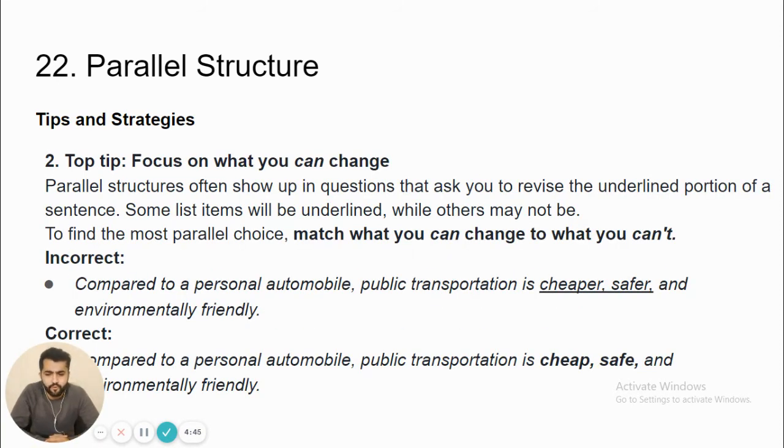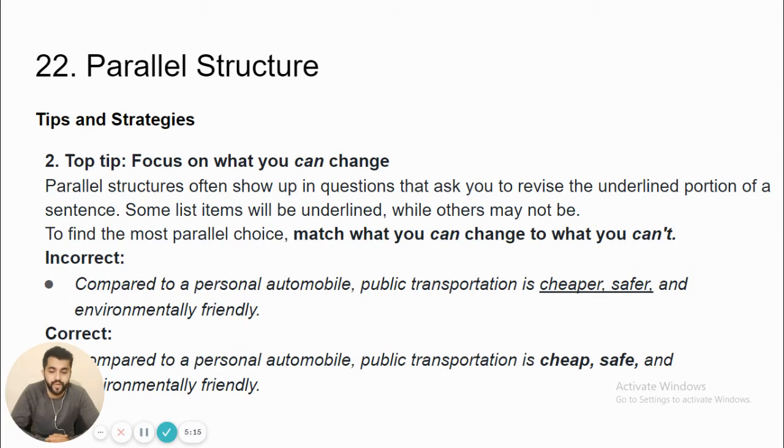Number two, focus on what you can change. Parallel structure often shows up in questions that ask you to revise the underlined portion of the sentence. Some list items will be underlined where others may not be. To find the most parallel choice, match what you can change to what you can't. Okay, so "Compared to a personal automobile, the public transportation is cheaper, safer, and environmentally friendly."